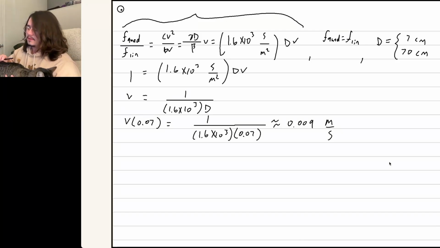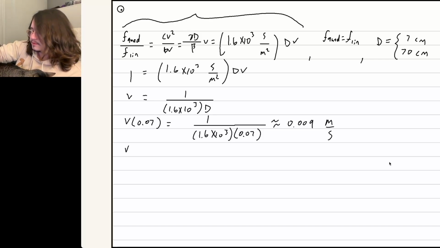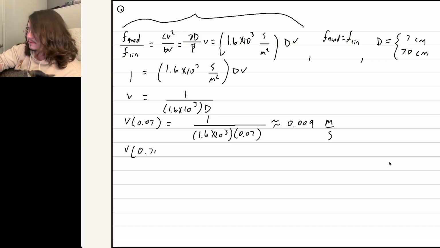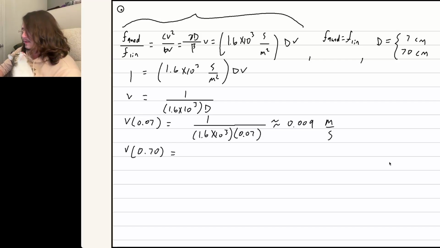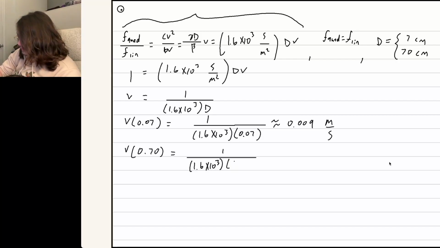And then if you set your diameter to 70 centimeters, then you get slightly larger.